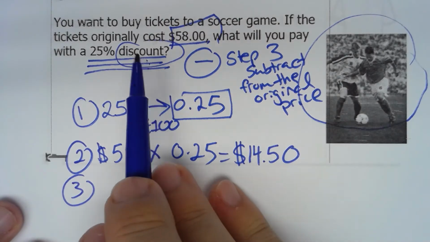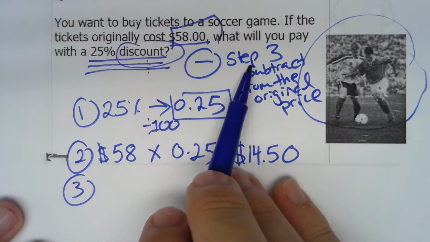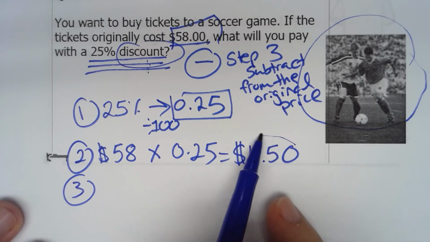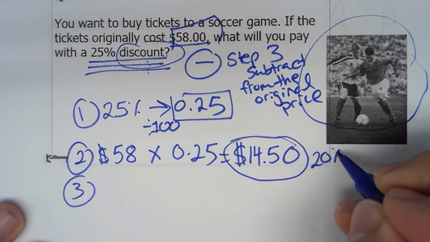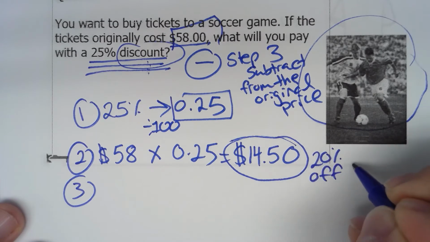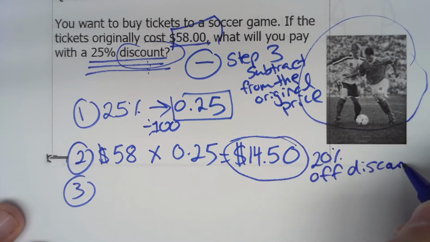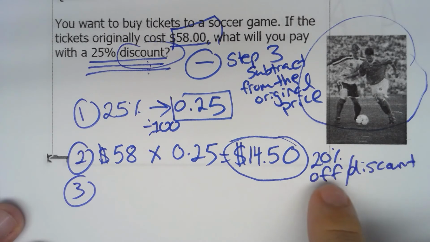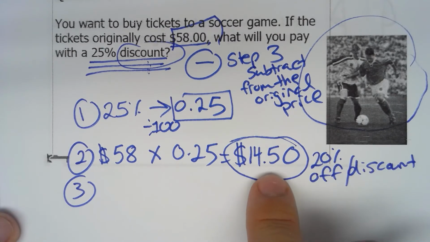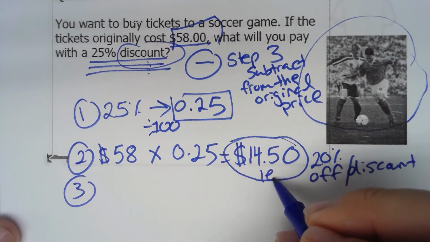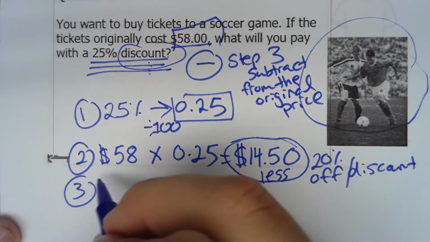I'm doing discount, so when I get to step 3, I subtract this from the original price. This is how much 25% off is, or 25% discount is. It means I'm going to pay $14.50 less from the original amount.